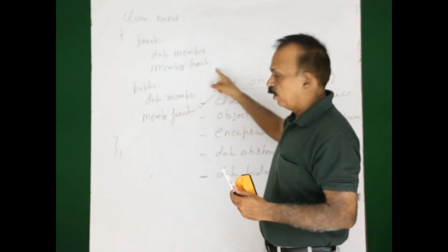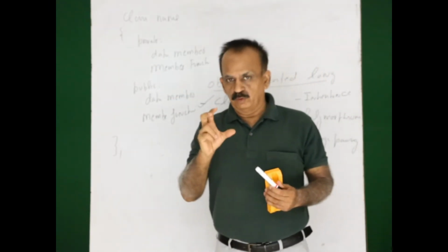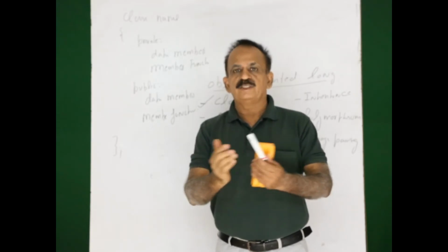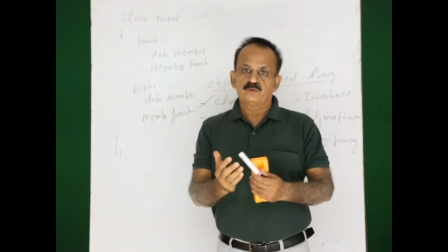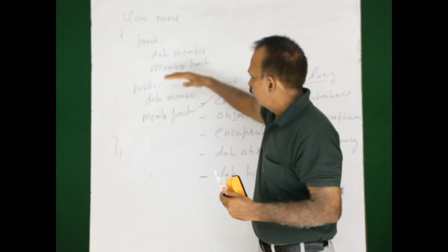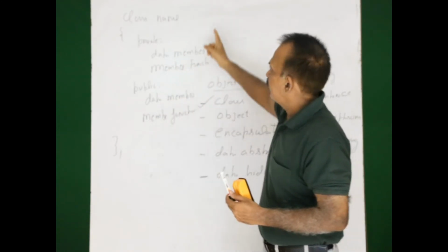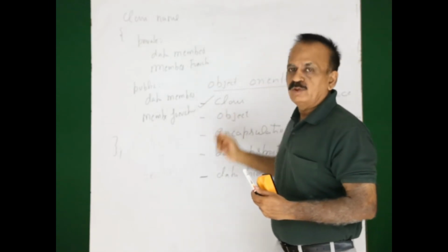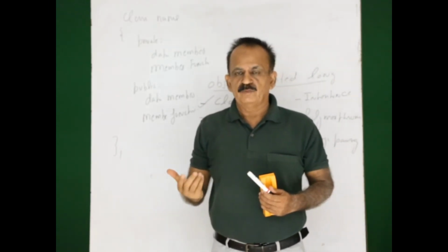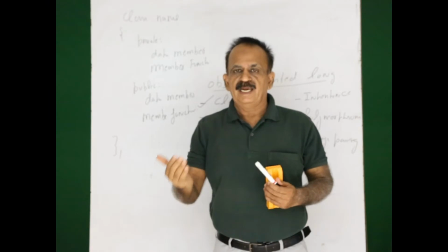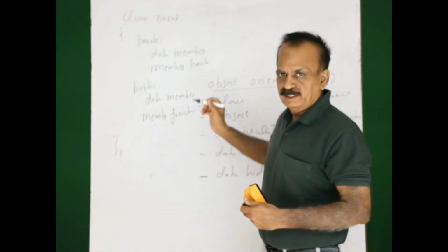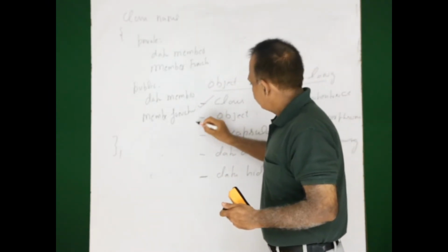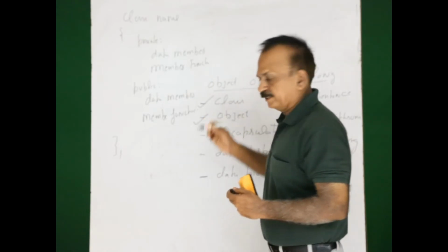The operations performed on those can be addition of two distances, I can add two distances, and then comparison of two distances. These can be the functions performed on this. And in whole, this is known as the class. So it is a user-defined data type which is a combination of data items and the operations performed on those data items.